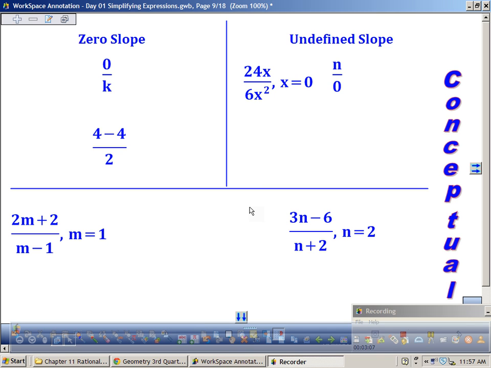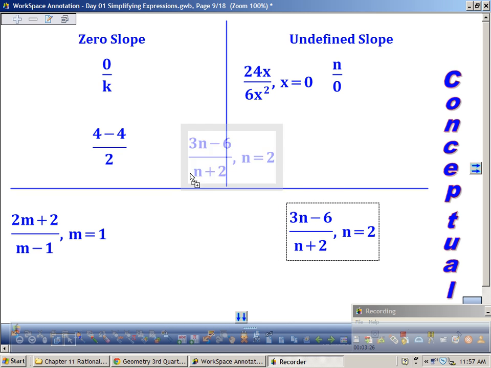So isn't that one undefined? You see it, Vanessa? Even though it would make 0 in the numerator, it would also make 0 in the denominator too. Exactly. If it's 0 in the denominator, it's going to be empty.